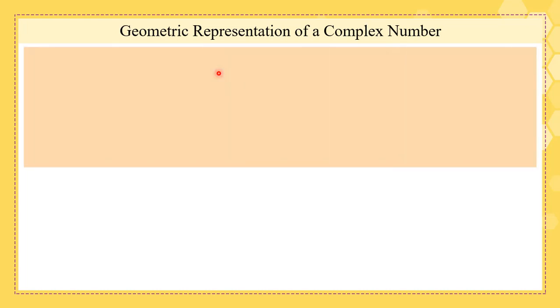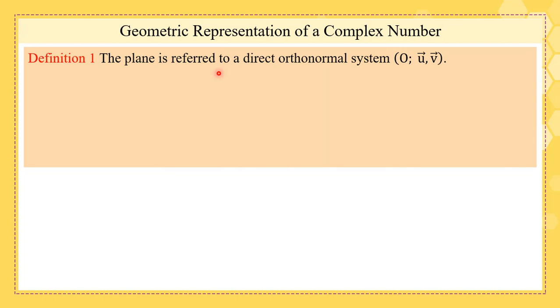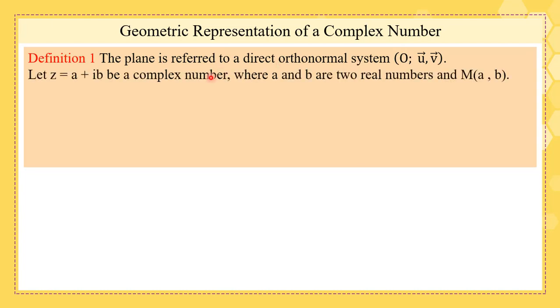Now the geometric representation of a complex number. In fact, a complex number could be represented algebraically in the form z equals a plus ib, and it could be also represented geometrically, and we will see how. The plane is referred to a direct orthonormal system. z is a plus ib.